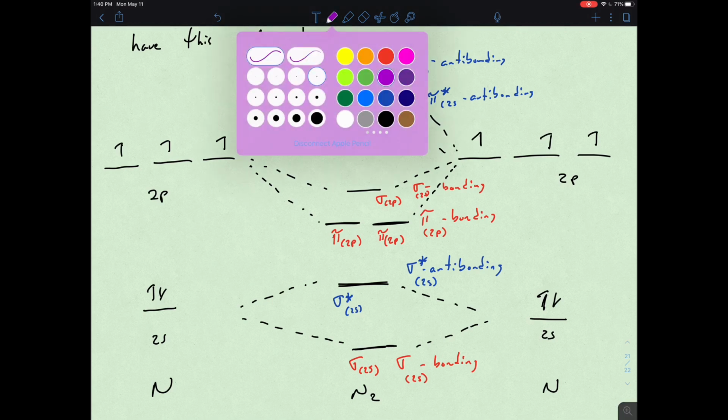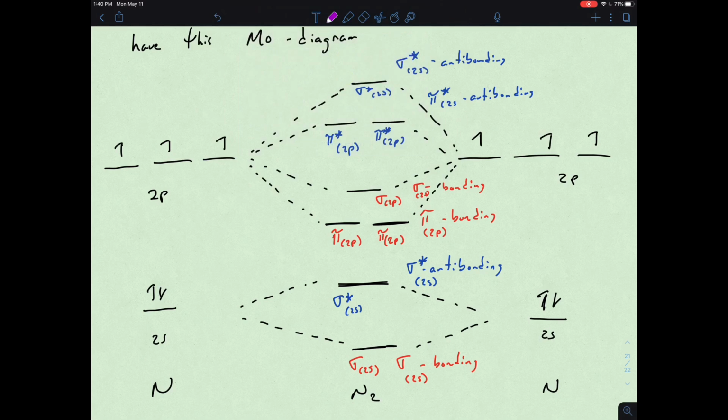So we put electrons in. If we count, we have 10 electrons. So 1, 2, 3, 4, 5, 6, 7, 8, 9, 10. Notice with those pi bondings, I put 1 in each before I started to pair them up. So there are our 10 electrons.